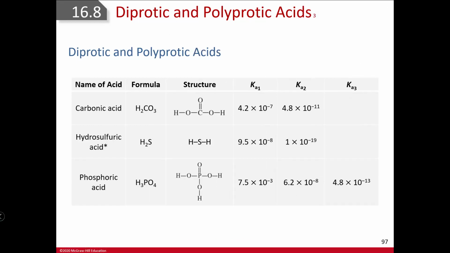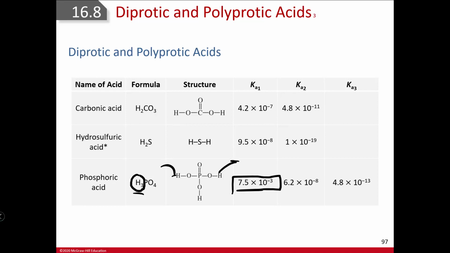We can get into polyprotic. And so polyprotic acids, again, when we have more than 2, like phosphoric acid, you got 3 acidic hydrogens. First Ka, 7.5 times 10 to the negative 3. Still a weak acid to begin with, not greater than 1.